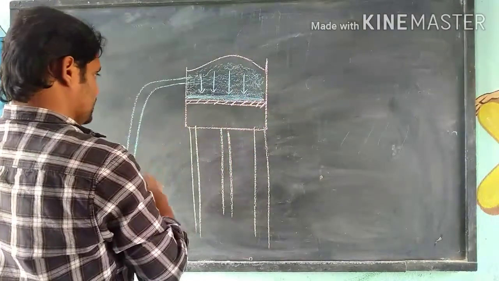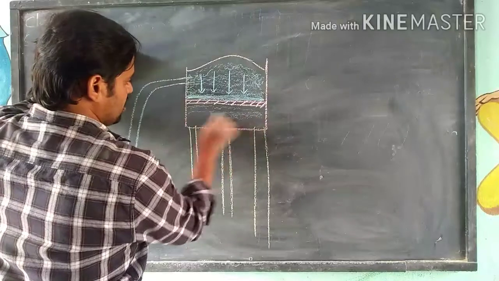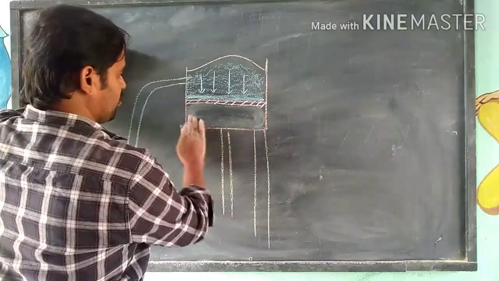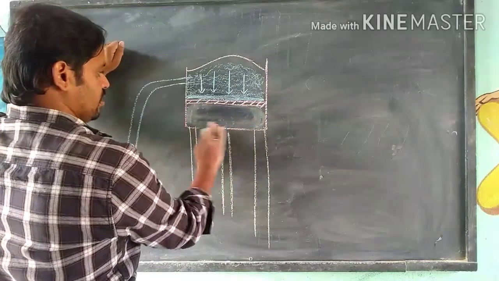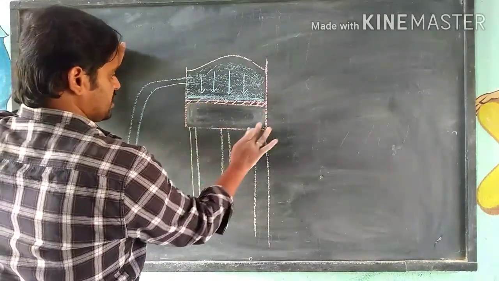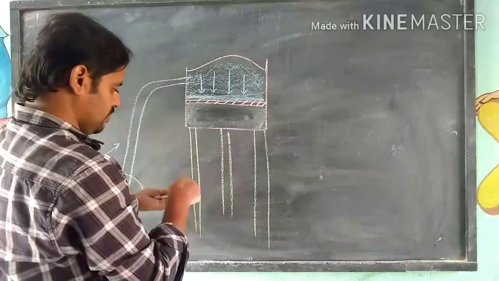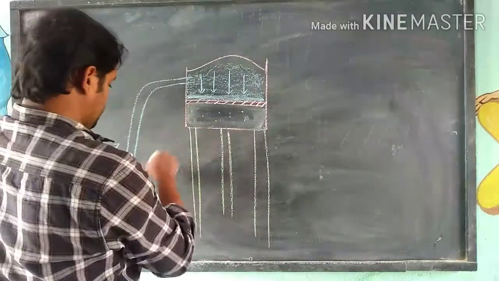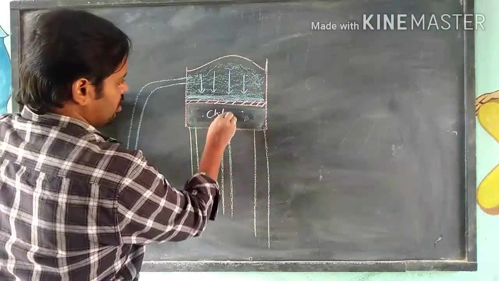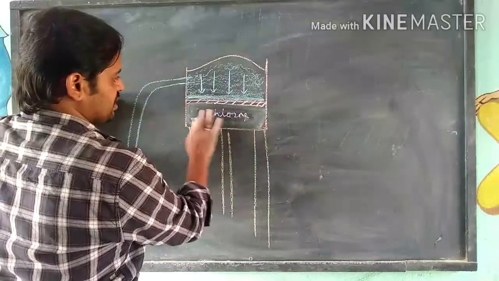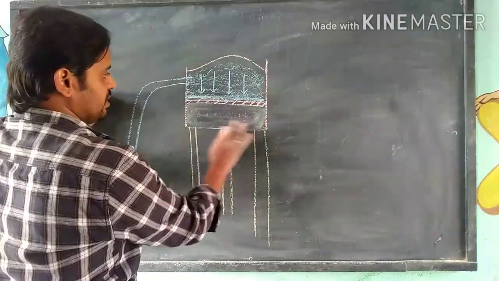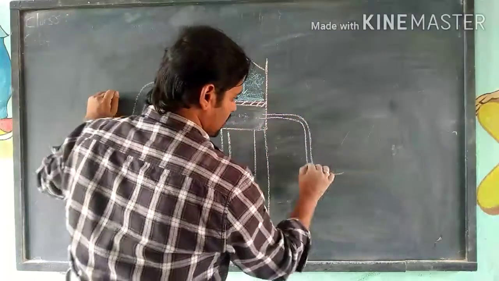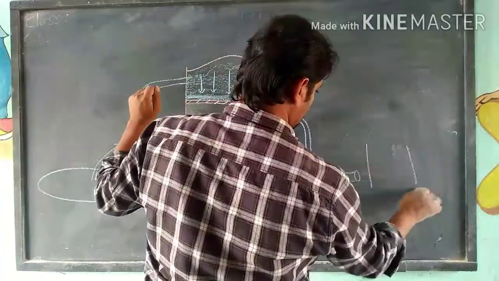By the filtration process, we get pure water. Here we remove physical things, and whatever microbes are present inside the water, by adding chlorine we can kill the germs present in it. So the germs will be killed here, and the water becomes pure. Now this water is sent to the houses, to the villages.